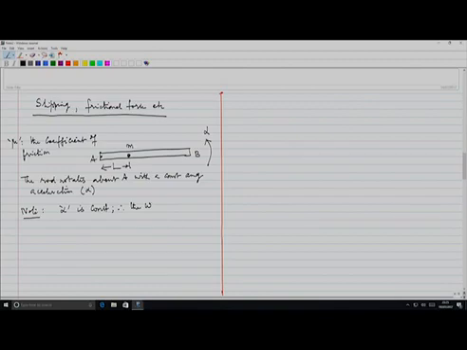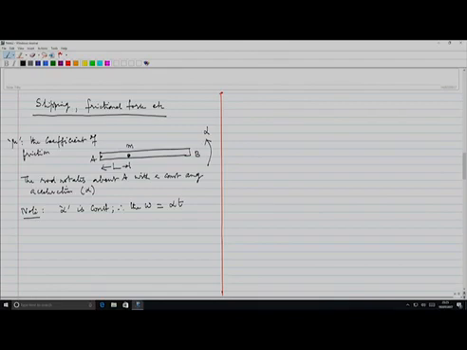The angular velocity has to be alpha times t. The reason is, if I take d omega by dt, I get my alpha. So the first thing we should realize in this problem is that angular velocity is not constant. It varies linearly with respect to time.